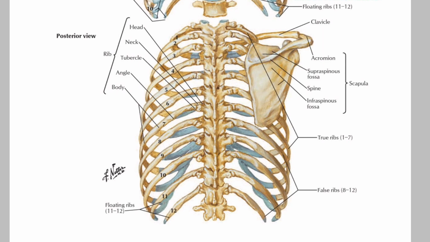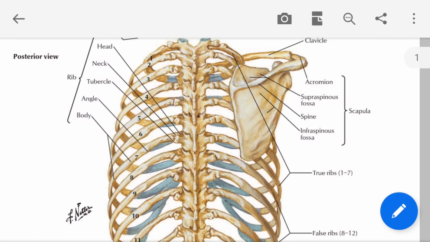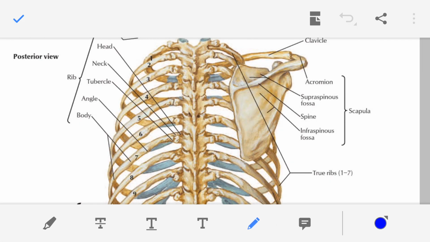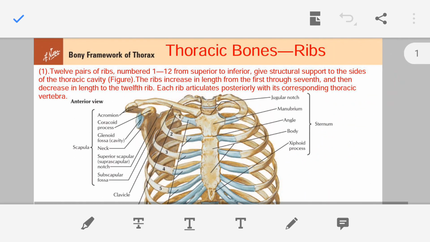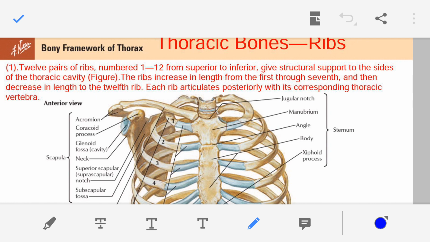In the posterior view, as you can see, the ribs are joining with the thoracic vertebra. So with this, we have completed the discussion of the first theory point.